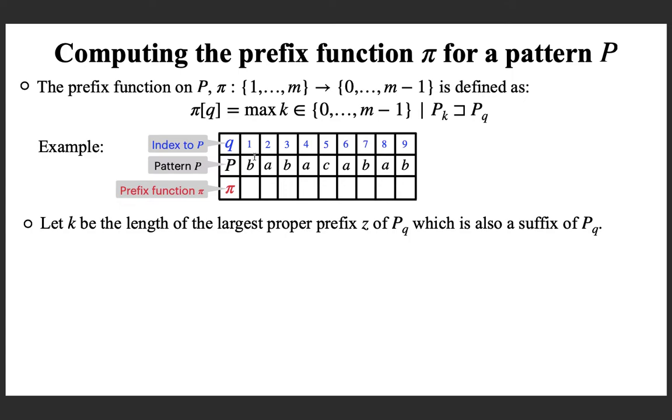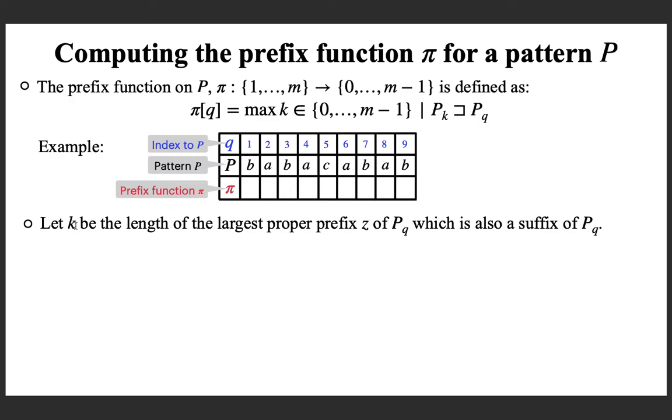P5, which is the first 5 characters of P. So you want to find the largest prefix of this string, call it Z. Maybe if you are looking at BA, the largest proper prefix of this is BA, which is also a suffix. That is what we are looking at. If it is BA, then k is that value. If you are looking at the first 4 characters BA, what is a proper prefix which is also a suffix? It is BA. Then 2 is what you are looking at as k.